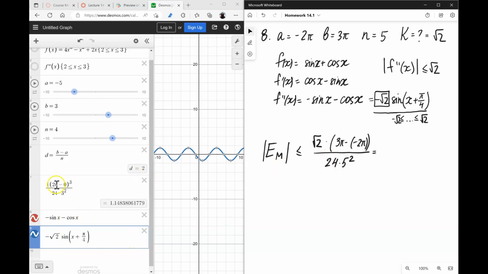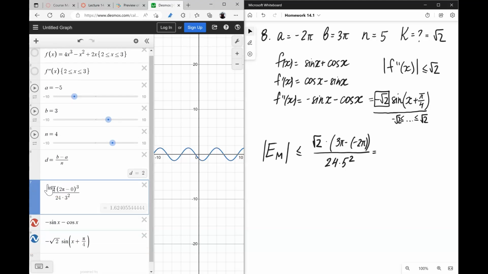So I'm going to use the Desmos calculator here. Square root of 2, 3 pi minus negative 2 pi, 24, 5 squared. So the answer is 9.135, which we're going to round to 9.14.